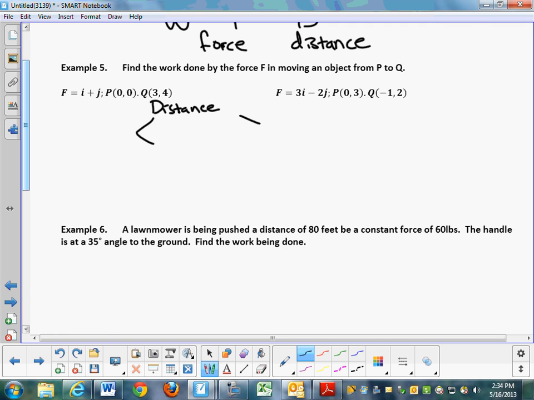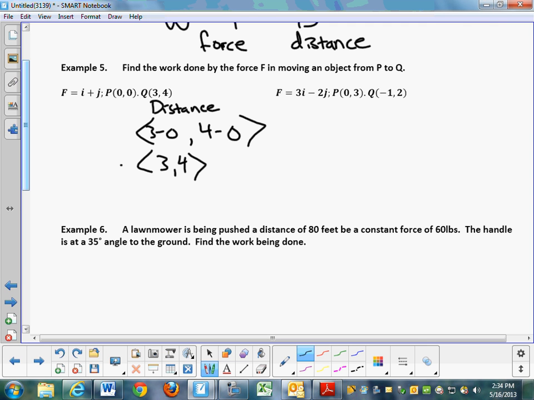So the distance is going to be 3 minus 0. That will be the horizontal component. The vertical component will be 4 minus 0. And so we get 3, 4. So that is my distance vector. Everybody got that?